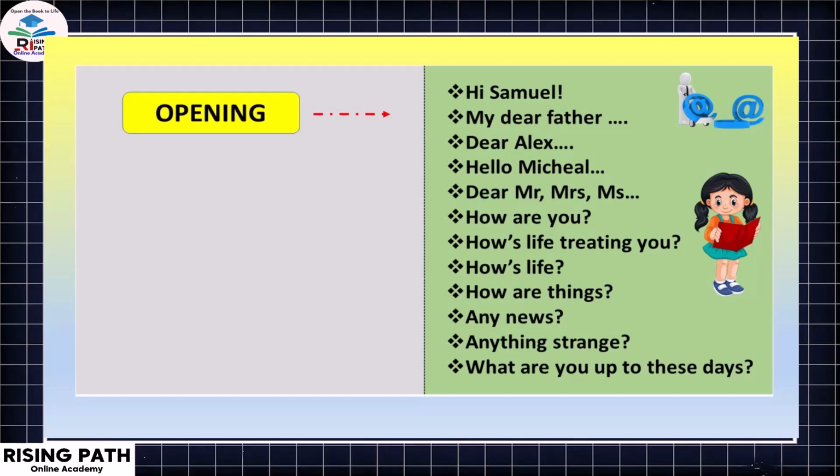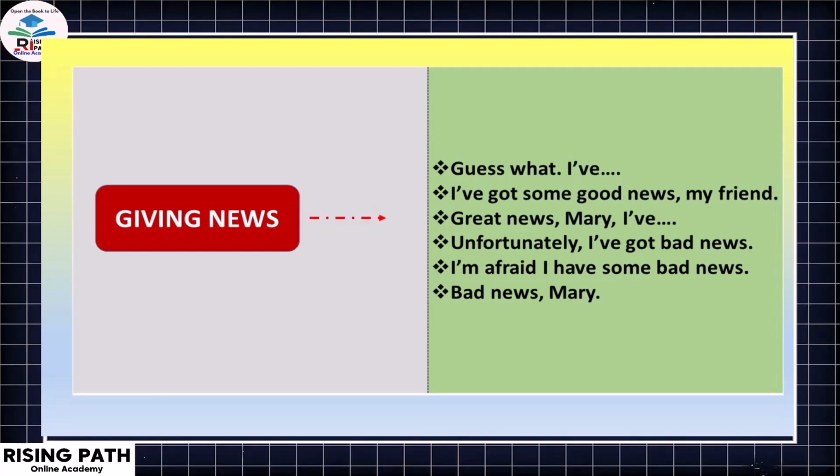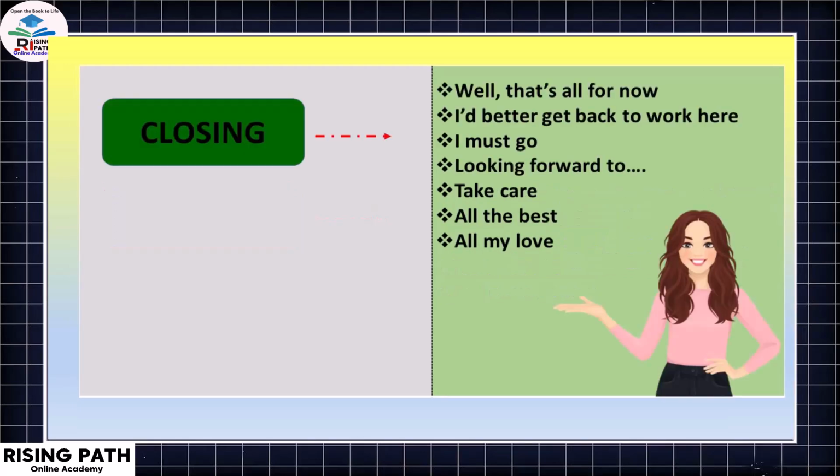Now let's see a chart related to some of the phrases that you can use in writing an email, particularly an informal email. An informal email or letter we write normally to our friends, relatives or parents. Some of the phrases are related to the opening paragraph, then expressing thanks, then giving news and then closing.